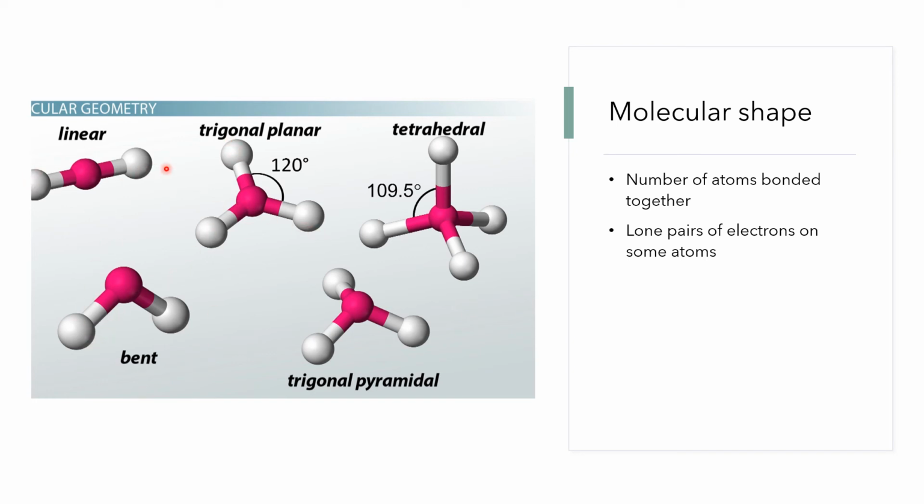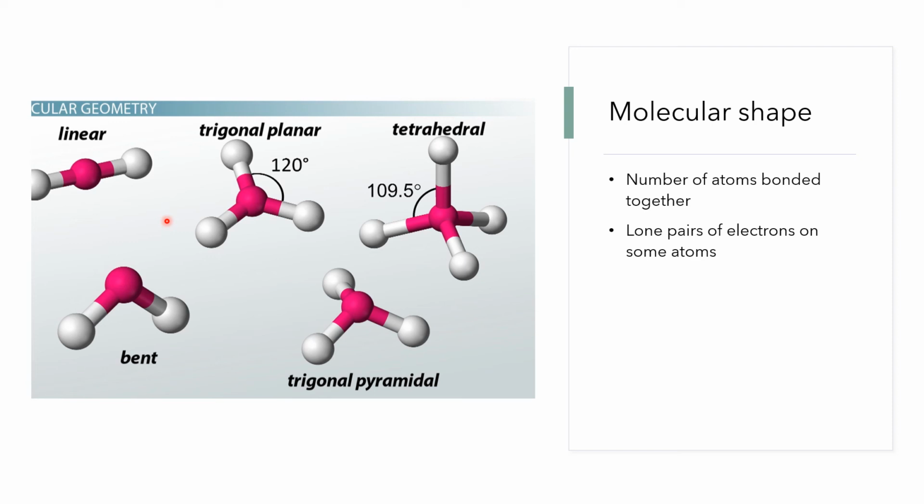You could have a linear molecule, you could have a bent molecule. That's kind of what water looks like. It's bent. You can have trigonal planar, so it's got some angles here, but it's a flat molecule. This is a tetrahedral molecule. We've got trigonal pyramidal. So we've got lots of different ways that the bonds can occur between the two atoms, so they don't have to be just one straight line.